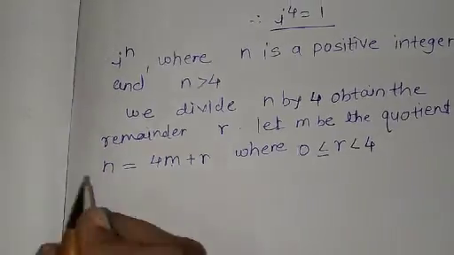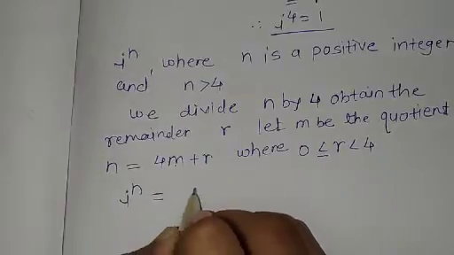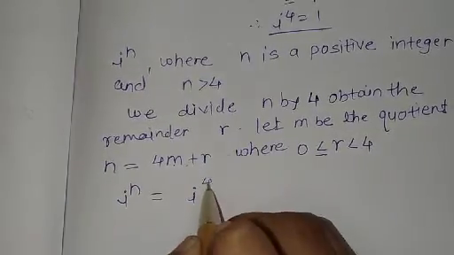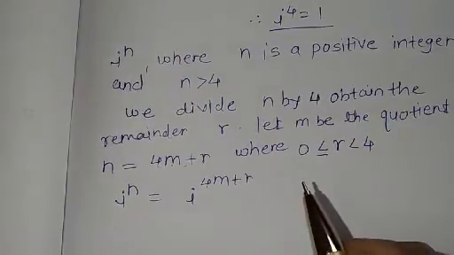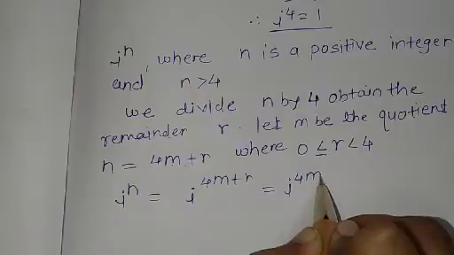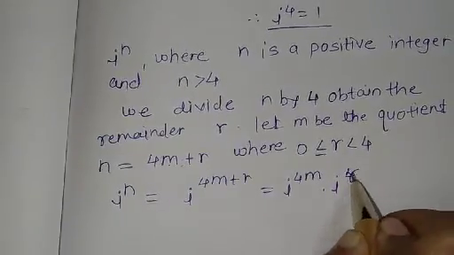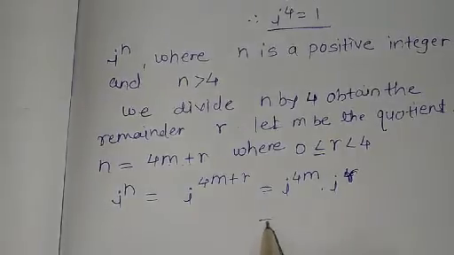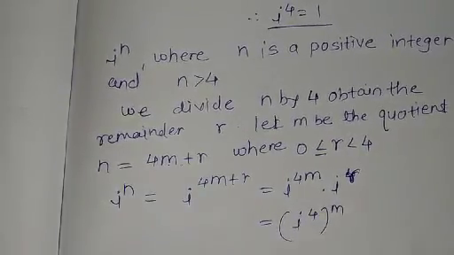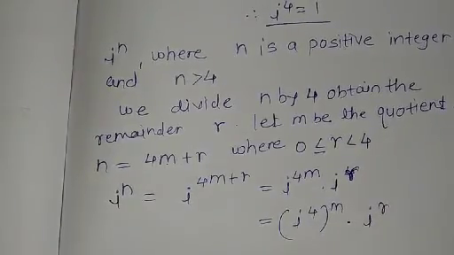So here we can say iota raised to n is nothing but iota raised to 4m plus r. So it gives iota raised to 4m into iota raised to r, or we can say iota raised to 4 bracket raised to m into iota raised to r.